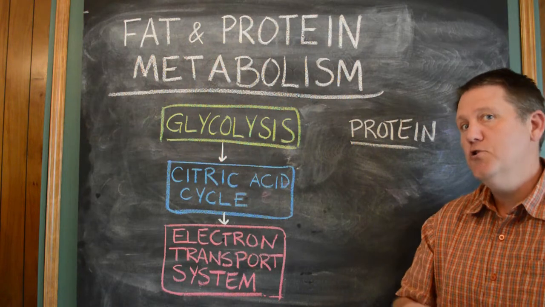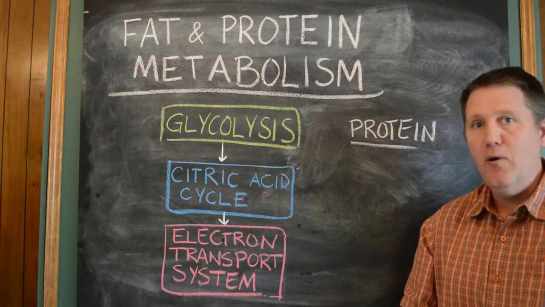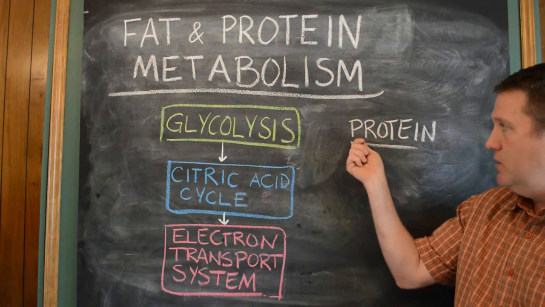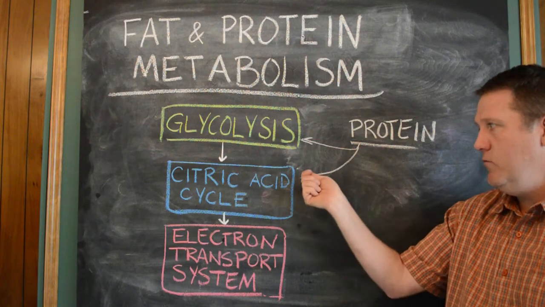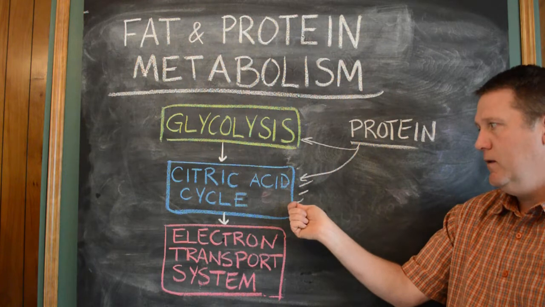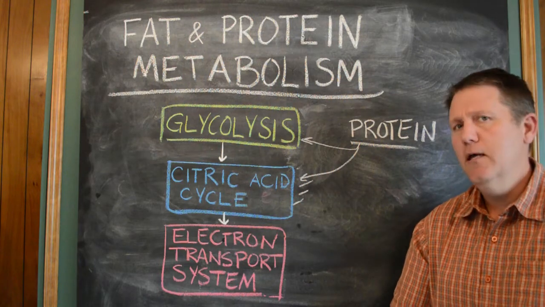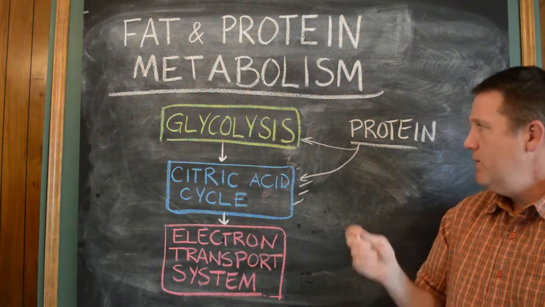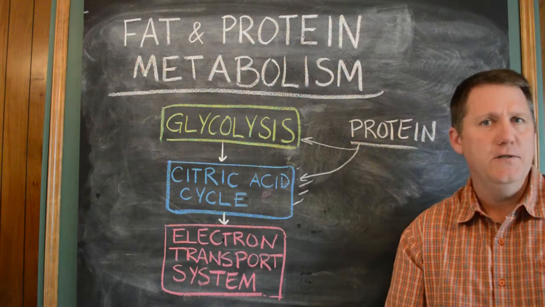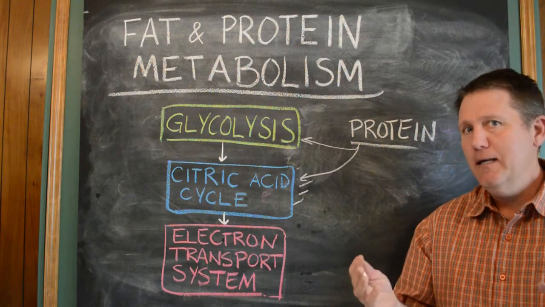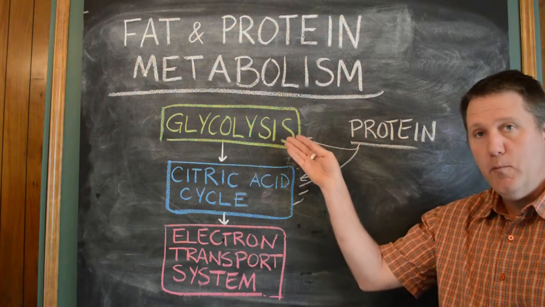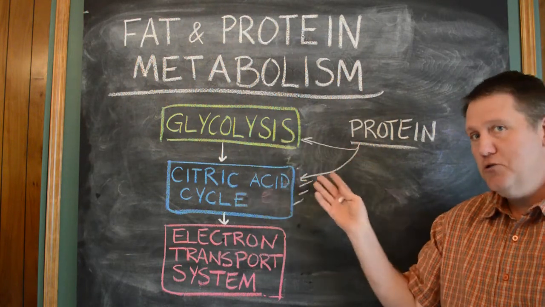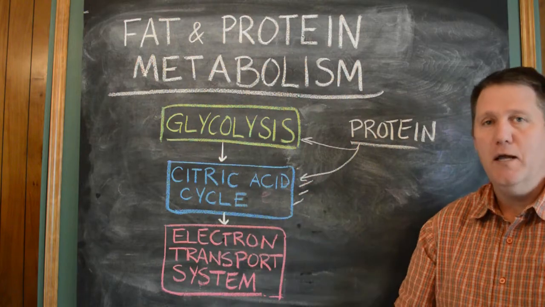Then those amino acids are broken down further into keto acids, and those can be fed in either to glycolysis or at several places in the citric acid cycle. It's hard to nail down just one because there are 20 different amino acids that make up proteins. They're all pretty variable, and so sometimes you're going to plug in a 3-carbon molecule, sometimes 6, sometimes 2. So it kind of depends.